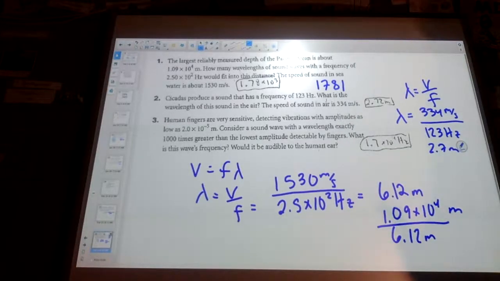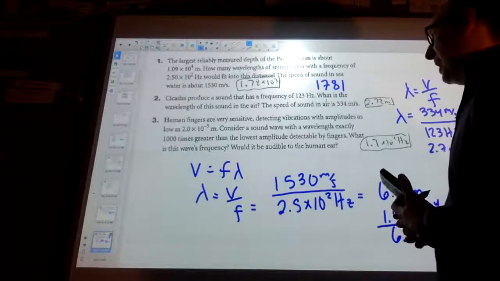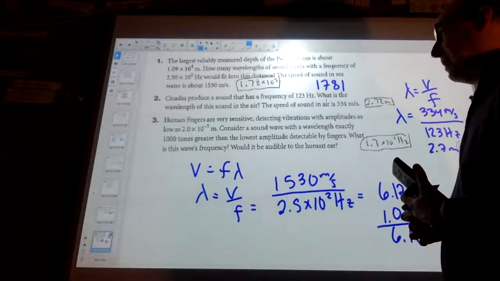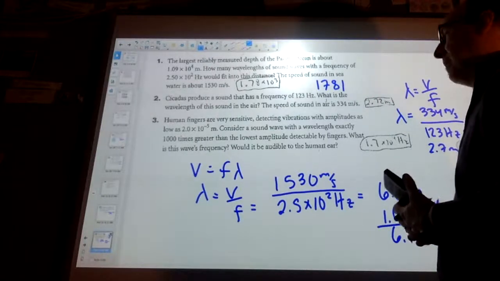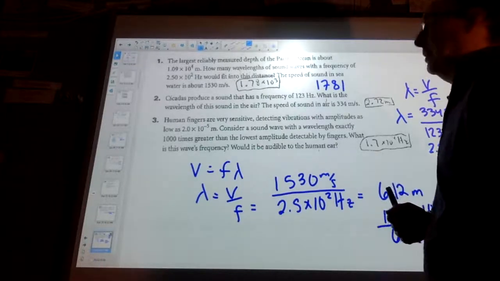Human fingers are very sensitive, detecting vibrations with amplitudes as low as 2 times 10 to the negative 5th meters. Consider a sound wave with a wavelength exactly 1,000 times greater than the lowest amplitude detectable by fingers. What is this wave's frequency? Would it be audible to the human ear?